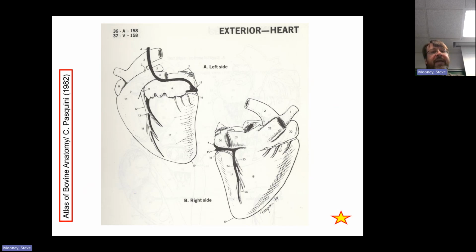So if we're looking at our heart, what we think about when we think about a heart is mostly the ventricles. When we get that heart out of our dissection, you're going to see that the atria up here are little floppy things. Their job is to contract, but they don't have to generate a lot of force.